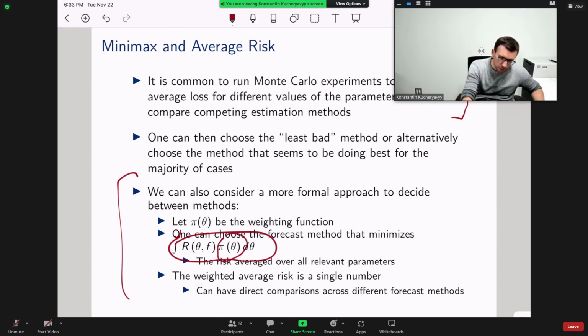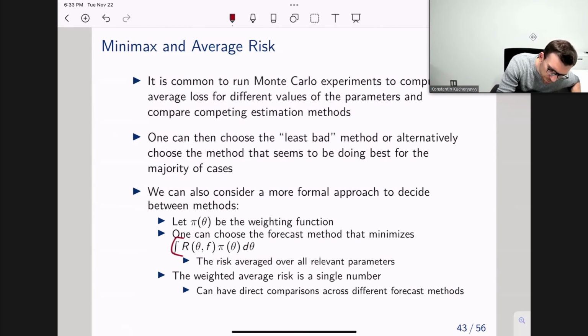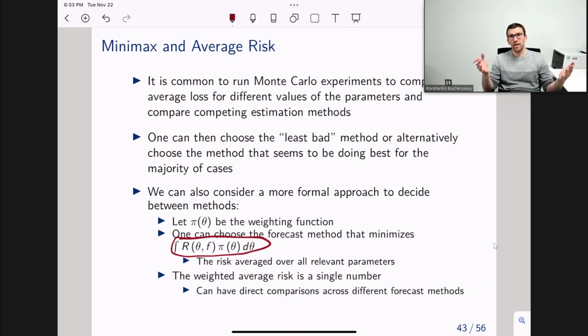But basically, once we start talking about this weighting scheme, we naturally arrive at Bayesian estimation. And that's where we end today, and that's where we need to continue next time.